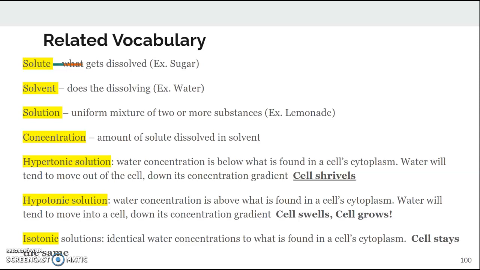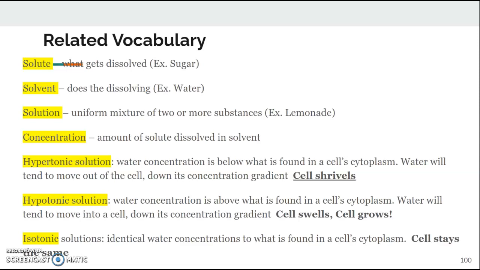And so again, water is going to move into the cell because it's going to move down its concentration gradient. So that's going to cause a cell to grow. So if a cell is in a hypotonic solution, it will grow, right? If a cell is in a hypertonic situation, it will shrivel because there is more water inside the cell than outside, so water is going to move out.